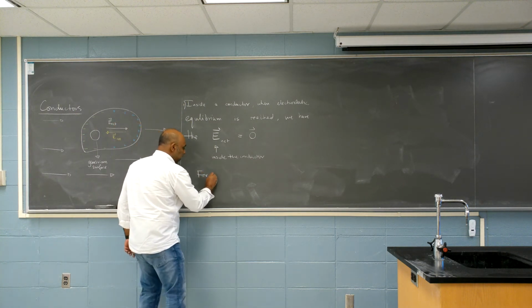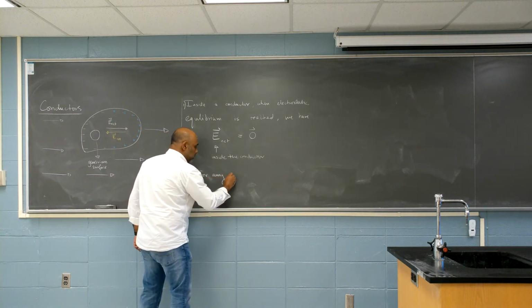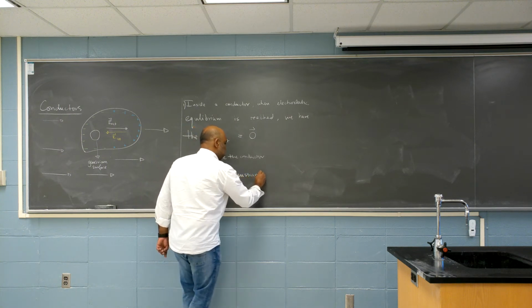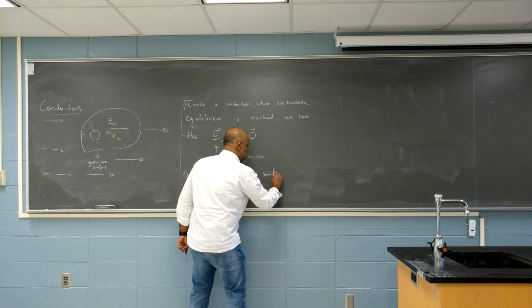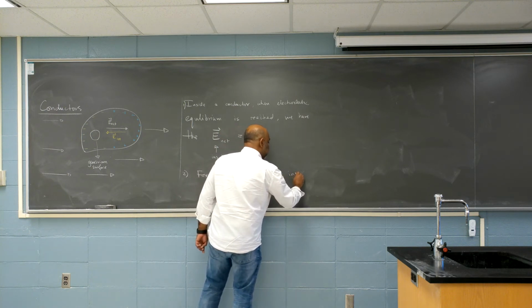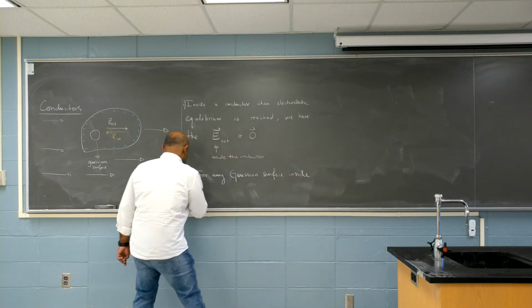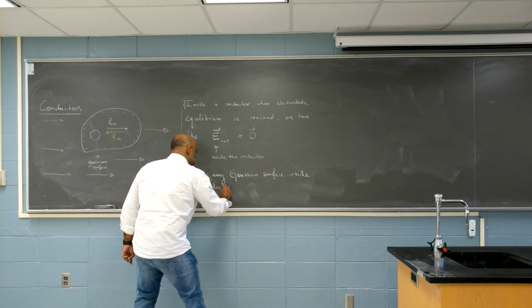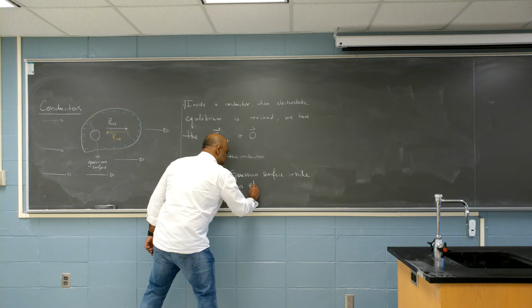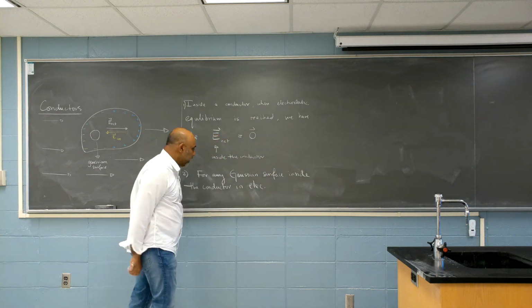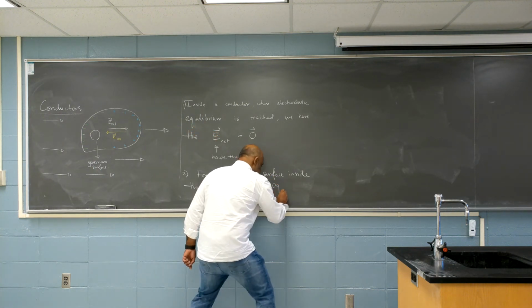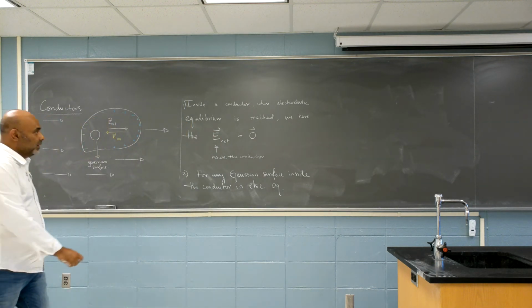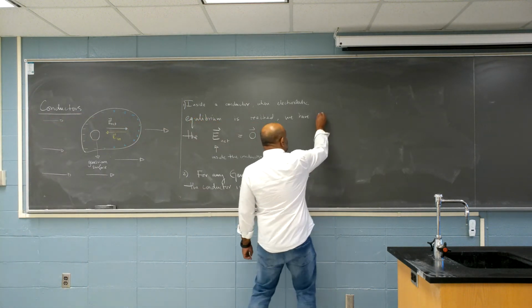For any Gaussian surface inside the conductor in, oh my goodness, electrostatic equilibrium. What happens?